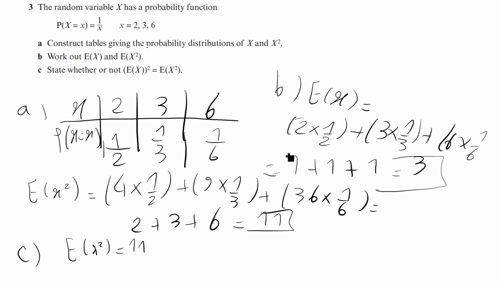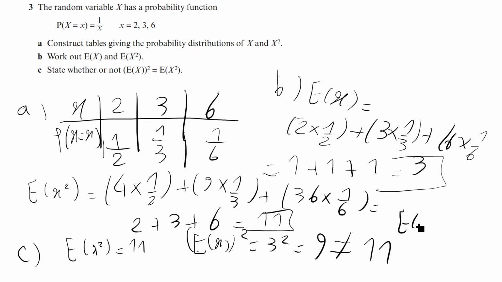The value of E of x is 3, and if we square that, 3 squared equals 9. And 9 is not equal to 11, so E of x squared is not equal to E of x squared. Okay, this was question 3.